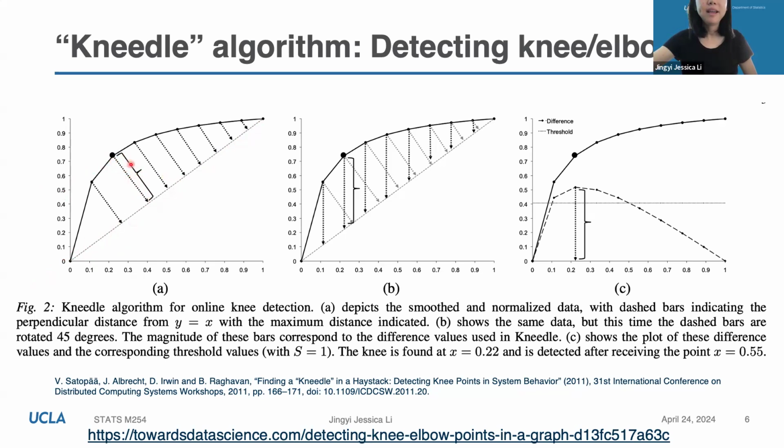Let me ask you a simple math question. What degree is this line? For each short segment, what is the degree of it, relative to the y-axis?